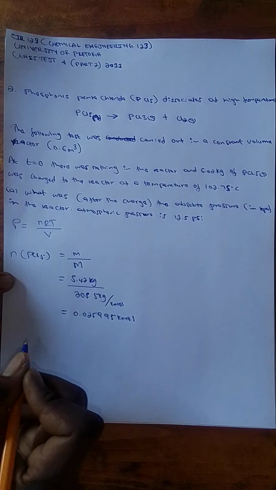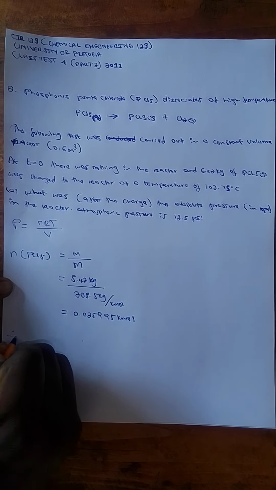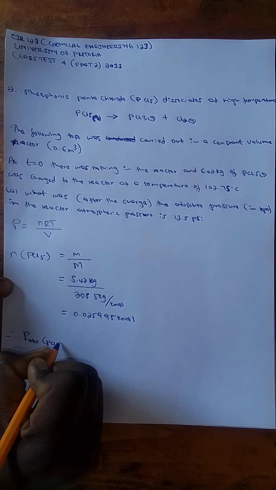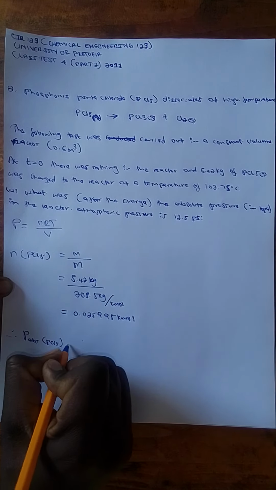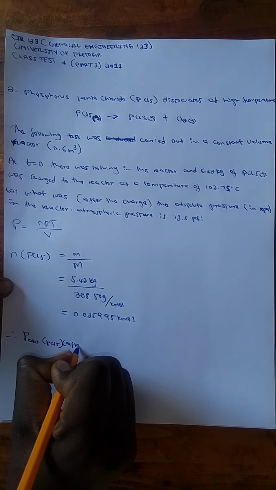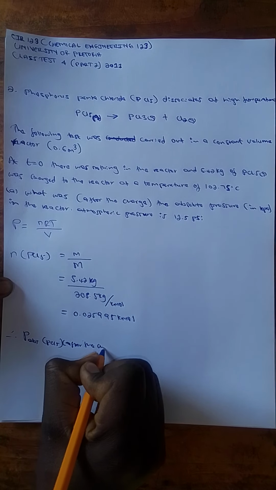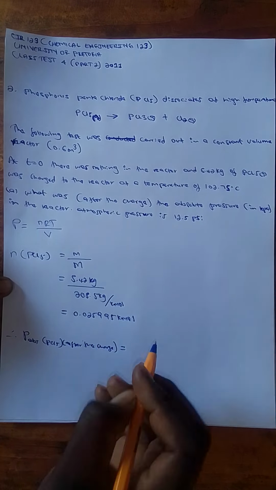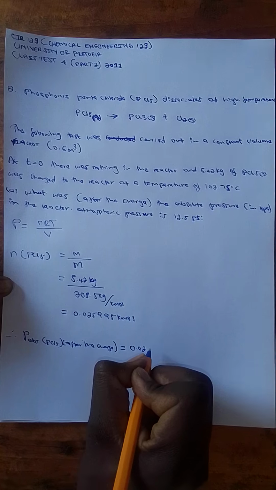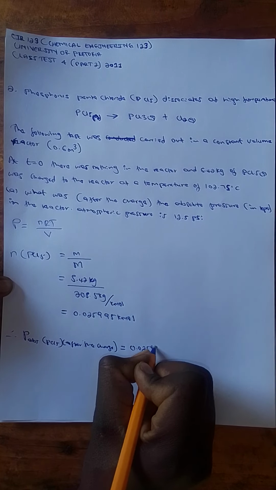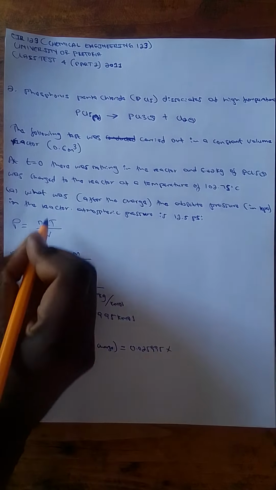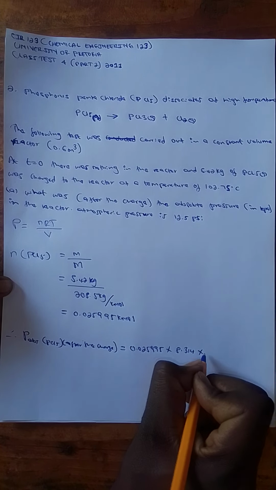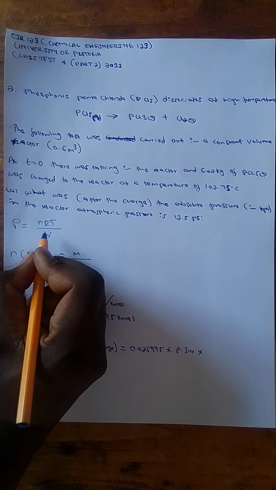Now, if we have the number of moles, we can then calculate the absolute pressure of PCl5. Let me just also write here that after the charge, the pressure is equal to the number of moles, 0.025995, multiplied by R, we know it's 8.314, multiplied by our temperature.